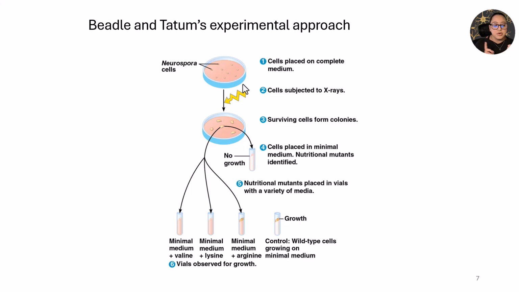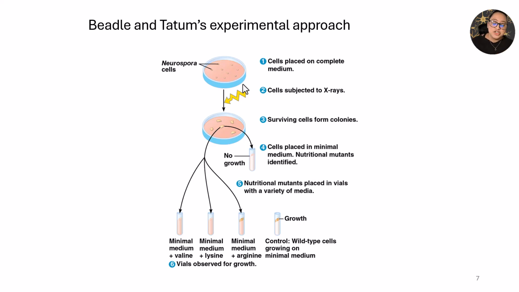There's no amino acids provided or other stuff. It's just salts, glucose, and agar. But because the cells normally can make their own amino acids, they're able to grow on this minimal medium.